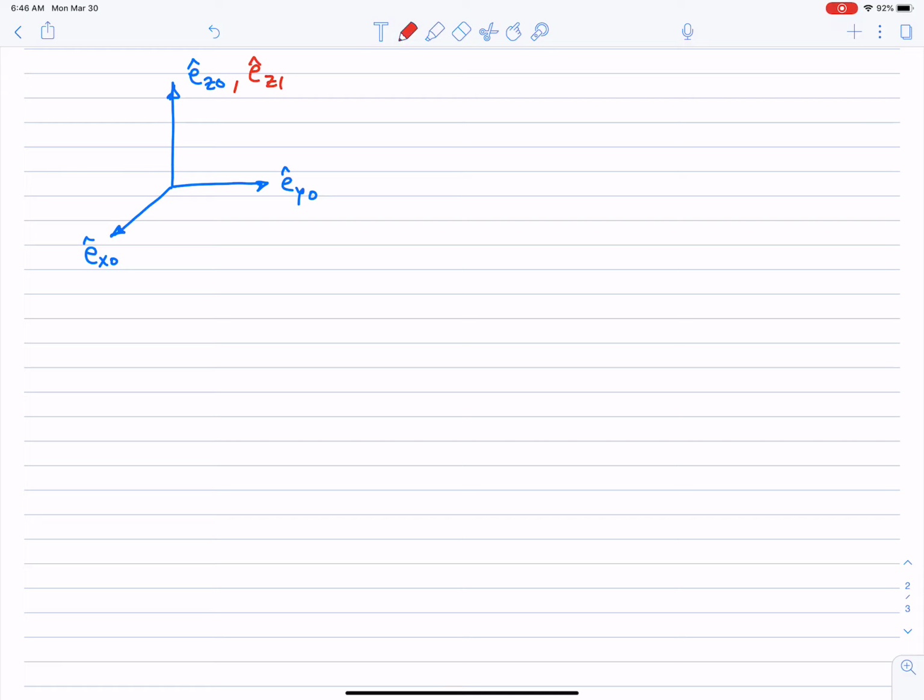Okay, so that's the new x1, and that's the new y-axis, and this is angle theta, and this is angle theta. But the z-axis is exactly the same as before.